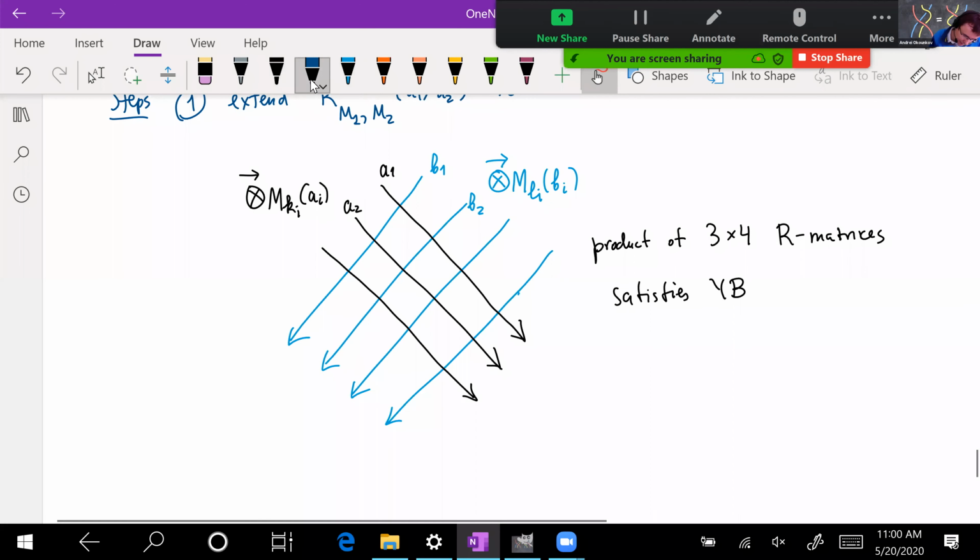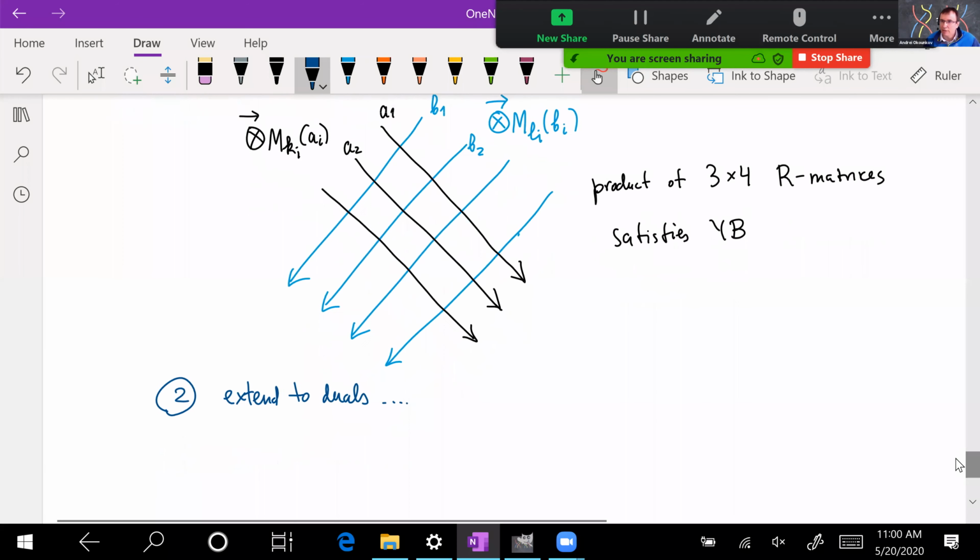Second, we define extend to duals. And this is done explicitly in Reshetikhin. There's a unique way, you have inverses and transposes. We're not so interested. I forgot to say, if you have a Hopf algebra, if the antipode exists, it's unique.